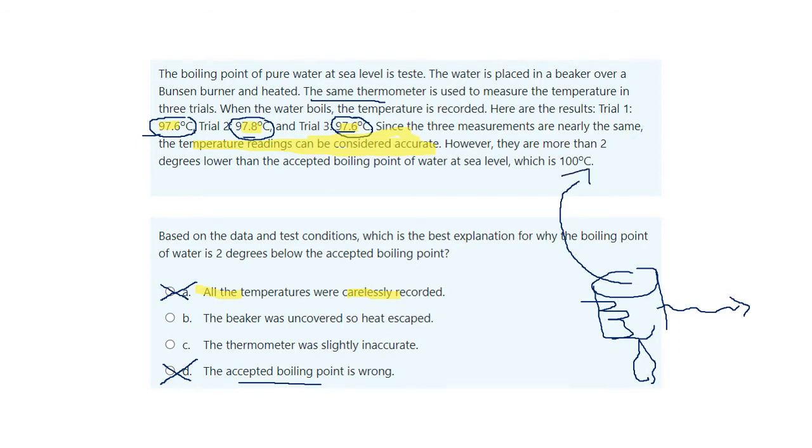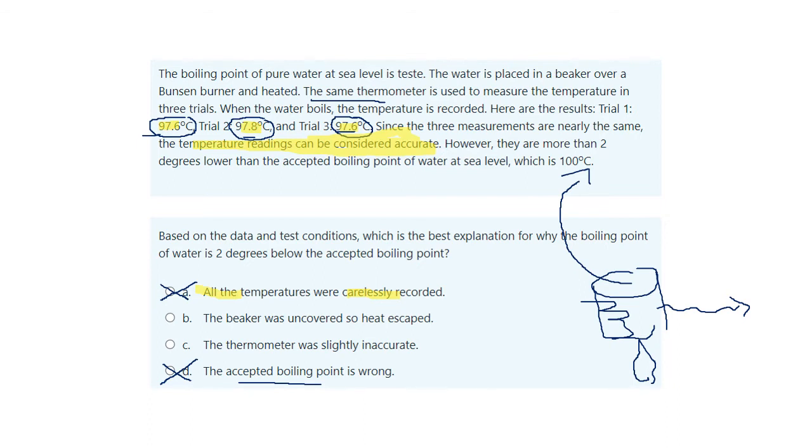But just because you're losing heat does not mean that the water has to boil at a lower temperature. If the water does not get to the boiling temperature, it would just stay as water. So why did the water boil at 97.6, 97.8 degrees? It's not because heat was escaping. It's true that heat was escaping, but that's not a good reason why water was boiling at a lower temperature.